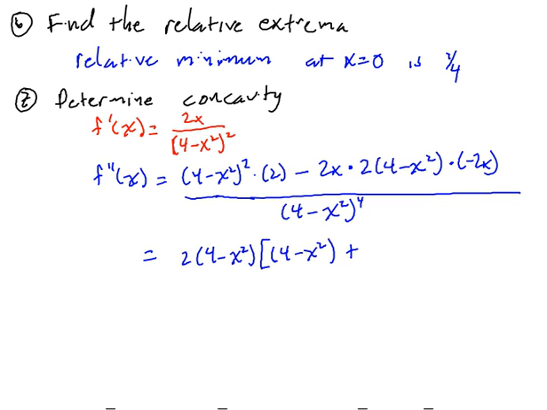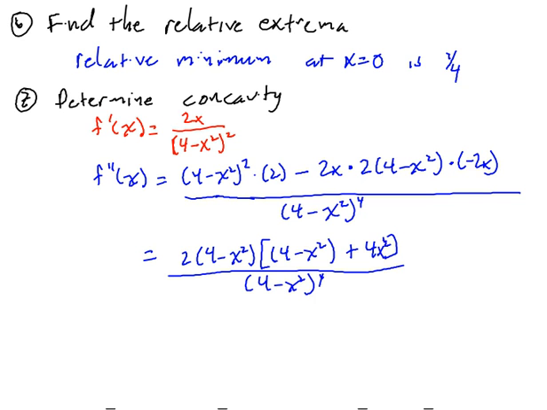If I factor out that 2 times 4 minus x squared, so the 2 is gone and the 4 minus x squared is gone, what you would be left with would be plus 4x. And that's all over 4 minus x squared raised to the fourth. Okay, now just make sure I did say 4x squared for that last term in the numerator.